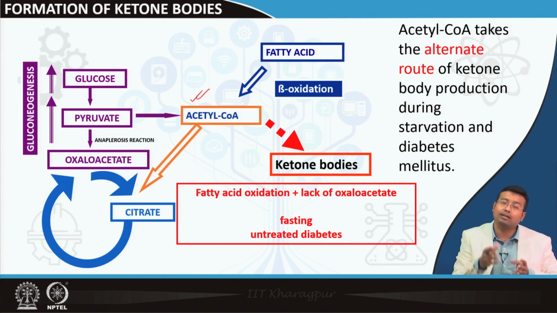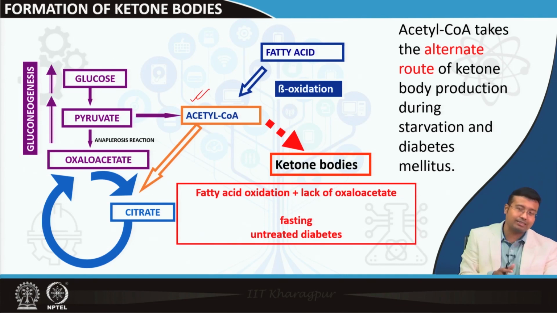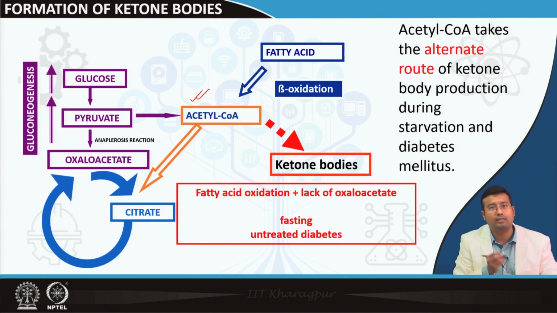This has already been discussed in the concept of anaplerosis and anaplerotic reactions. So, when oxaloacetate is diverted towards gluconeogenesis, the TCA cycle gets jeopardized and the acetyl coenzyme A from fatty acid oxidation cannot be used.